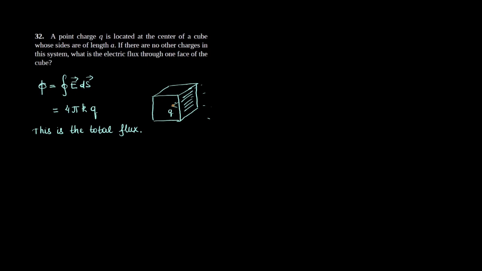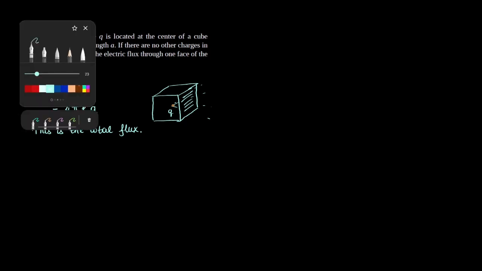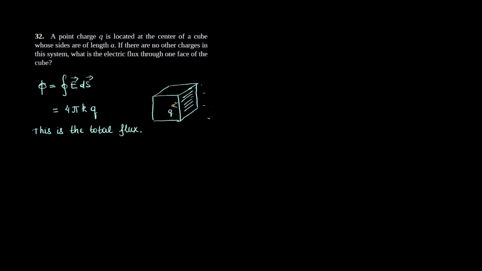To find the flux through one side only, you need to know how many sides there are. There are 6 sides, right? Since this Q is located at the center of the cube, the flux passing through each side is equal to each other.